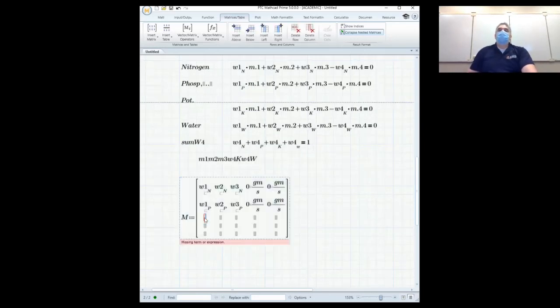If we go to the potassium equation now, we get W1 potassium, W2 potassium, W3 potassium, just going through and seeing what's multiplying what in the equation. Now this one though, there's a W4K, which is an unknown. What's multiplying that?